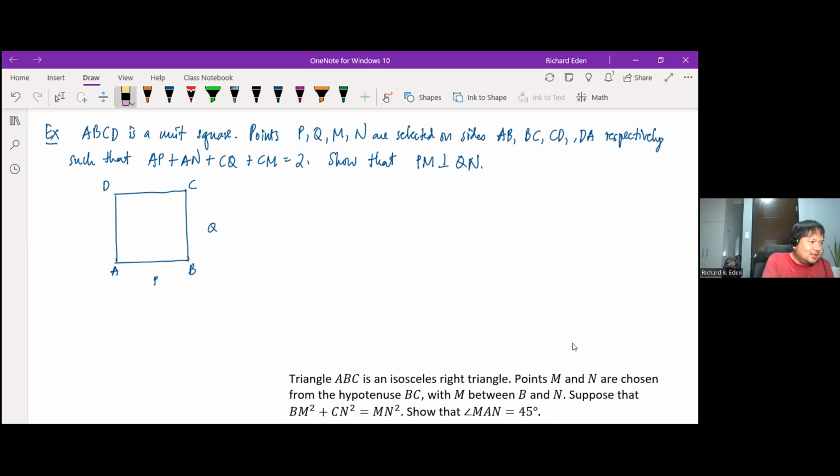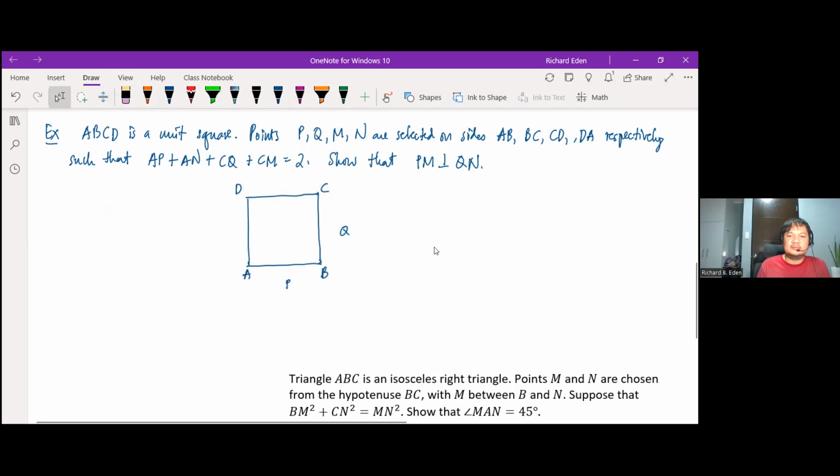So mag-drawing tayo ng isang configuration where we do have, wait, let me move it here. Okay, yan. Nasa gitna tayo. Okay. Then let's draw a configuration where PM and QN will look perpendicular.